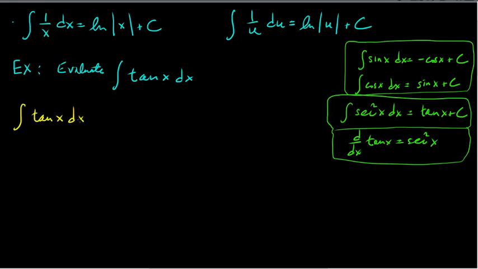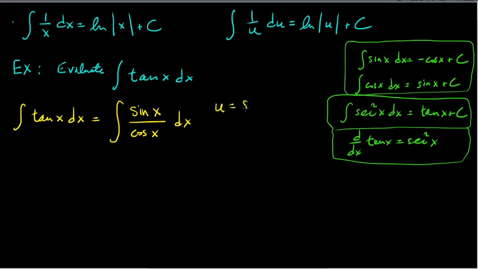Well, one thing you might try, of course, is just the definition of tangent. Tangent is really just sine over cosine. Again, it's a fraction, so we're taking the integral of a quotient, but because there's no quotient rule, we're left with substitution.